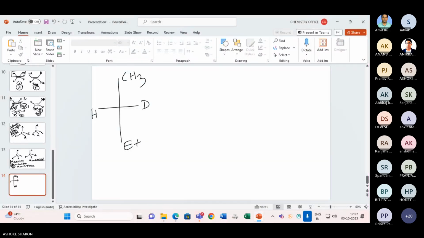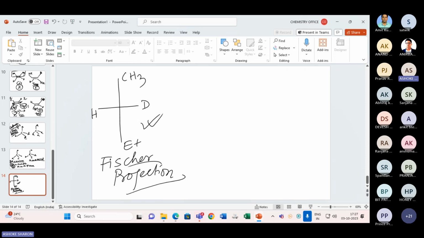This is called the Fischer projection formula of a particular molecule. Is this molecule chiral or not? Definitely this molecule is chiral. Why? Because all the substituents are different: ethyl, hydrogen, deuterium, and methyl. So this molecule should have a distinct chirality.